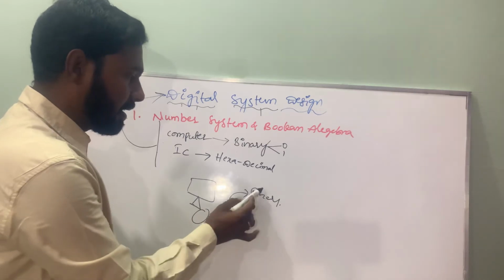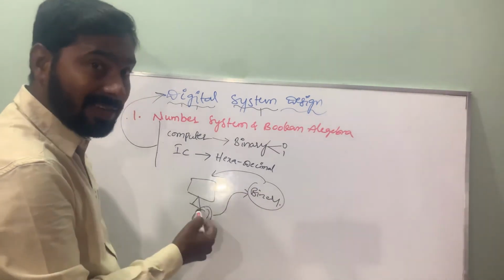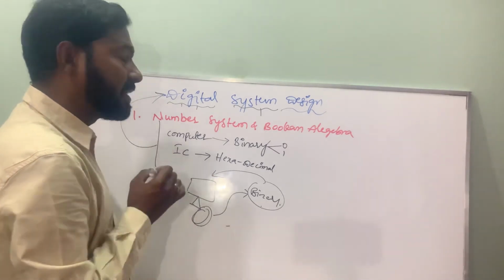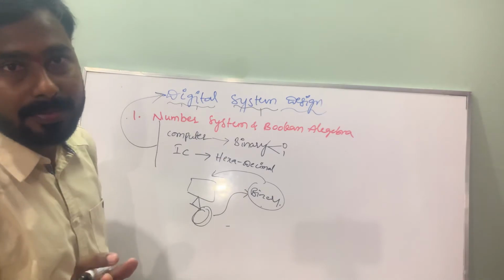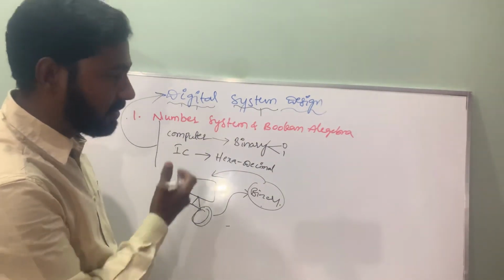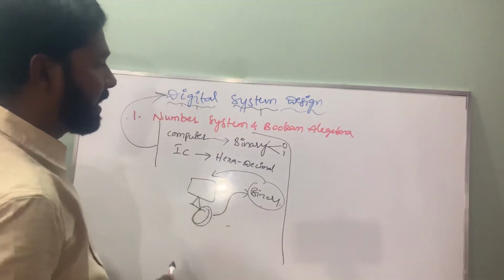Likewise, an IC can understand only hexadecimal. How are they converted? We will discuss conversion from one number system to another. That is the first chapter in this first unit, the number system.